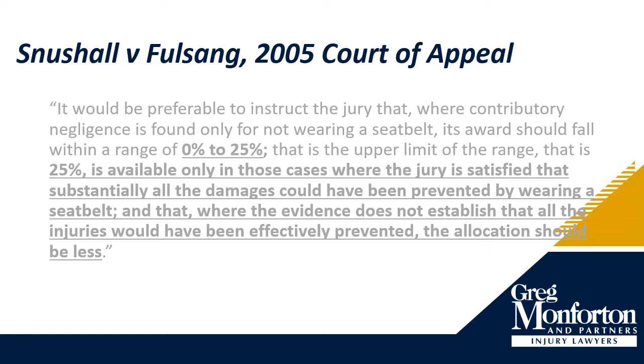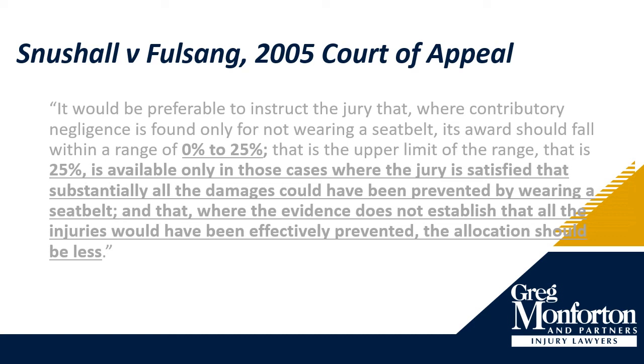And so for that reason, often what the parties will do is obtain engineering evidence to talk about the force of the impact and what a seatbelt could or could not have done, because the vast majority of cases will fall below that 25% range.